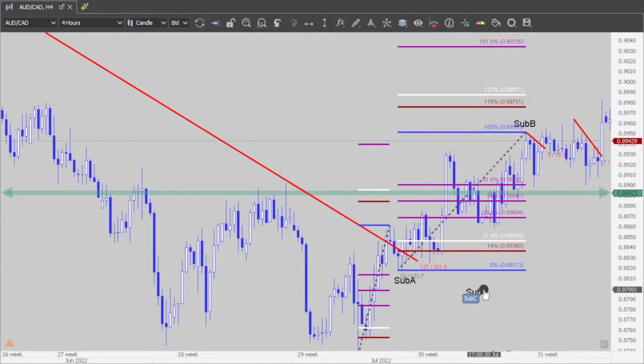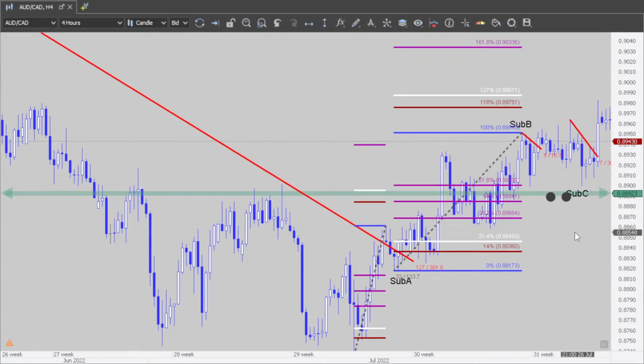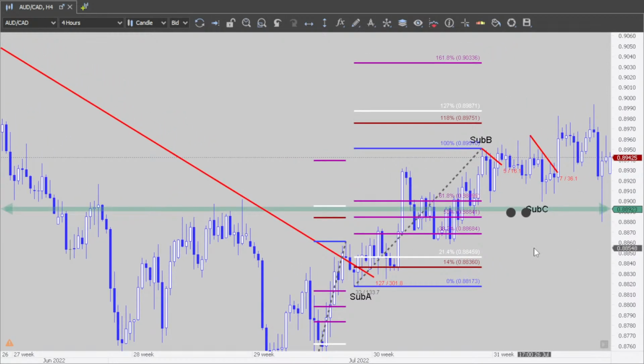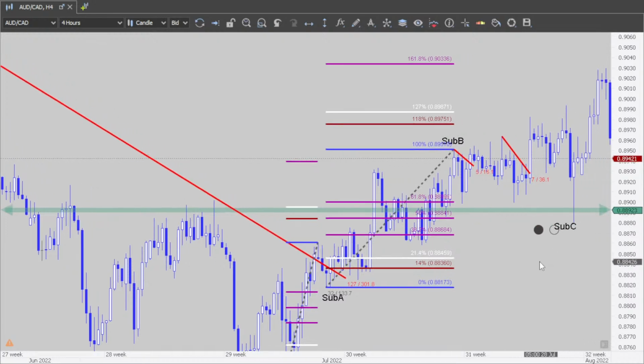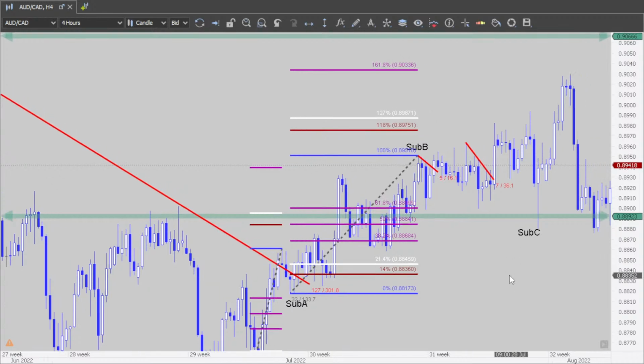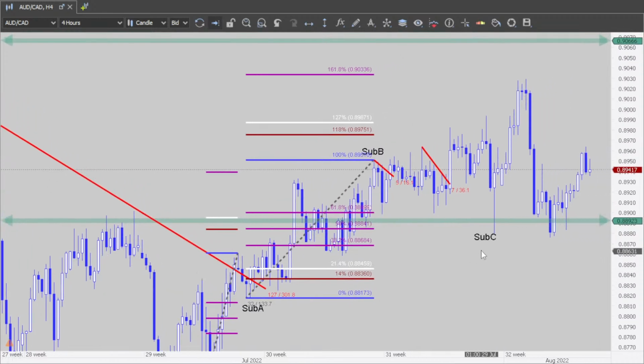In here. So this is our sub C, and we are monitoring the market. Did the market hit our, not right, almost, and we are here right now.